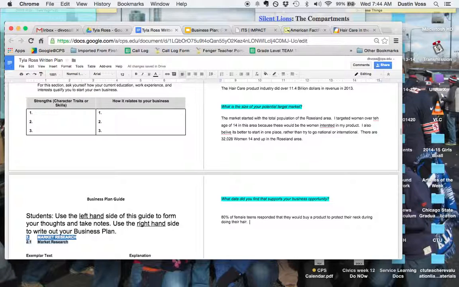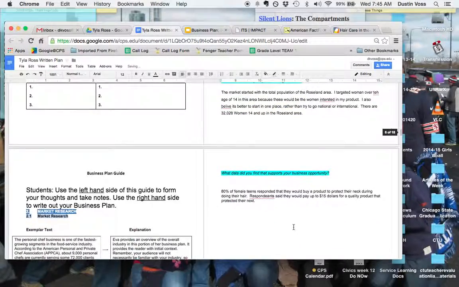That'll help you later on in your business plan too. So let's say respondents said they would pay up to $15 for a quality product that protected their neck.